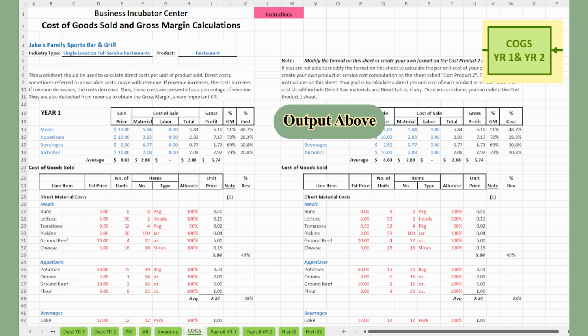Up above, you can see that information is pulling to calculate the cost per unit and summarize this information at the material, labor level, and gross margin. It gives you a gross margin percentage and a cost percentage.